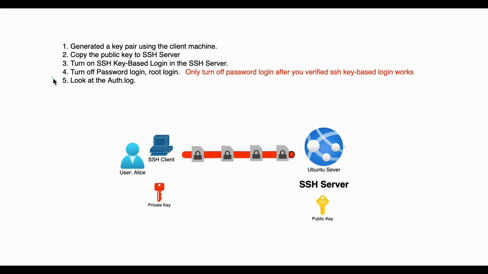Next step is now to turn off the password login, and at the same time it's actually a good practice to turn off SSH root login, right? So you want to not use root, especially in a production environment, for privileged activities, right?